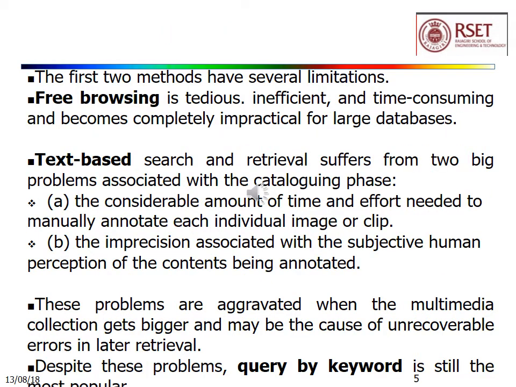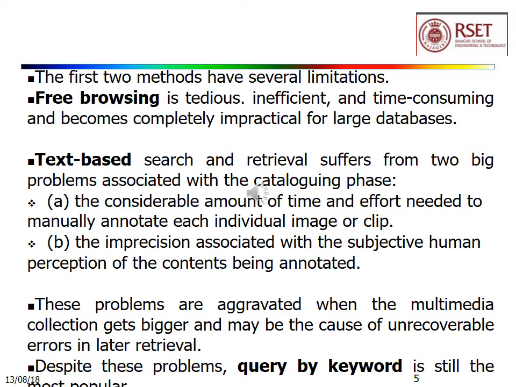Let's see the advantages and disadvantages of the first 2 methods, random browsing and text-based image retrieval. The first 2 methods have several limitations. Free browsing is a tedious and inefficient task, and it is also time consuming, because we need to deal with a larger data set or database. The second method is the text-based method.